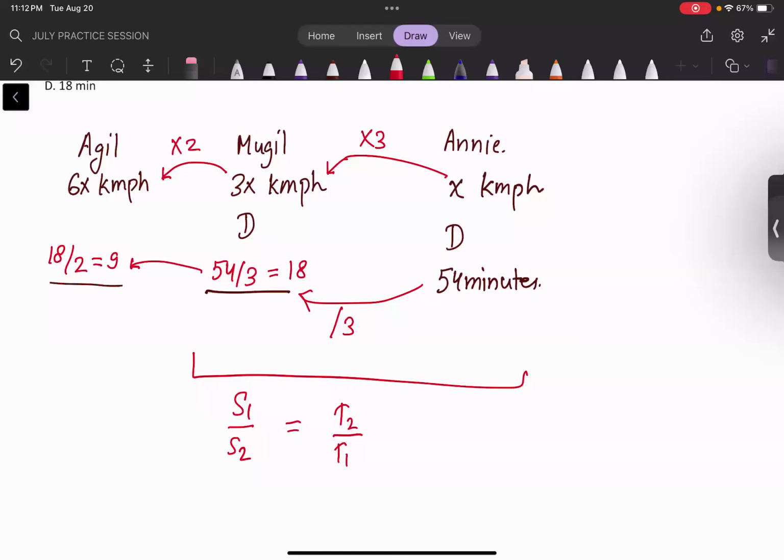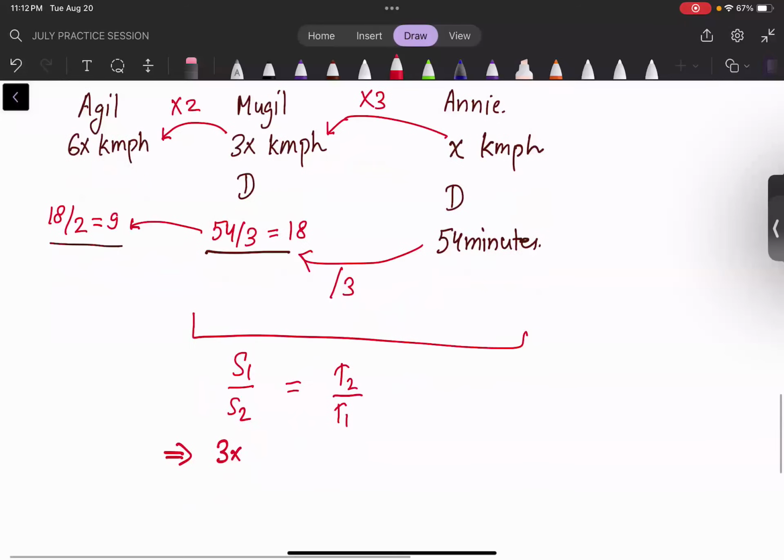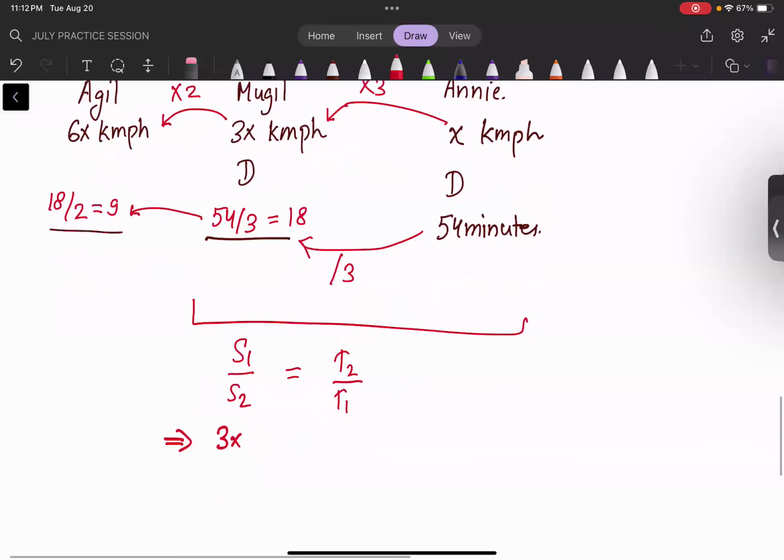So speed of Mughal is 3x, Annie is x. Time of Annie is 54. Time of Mughal is unknown. So solving this, I will get my answer, 54 by 3. So I can apply the formula also.